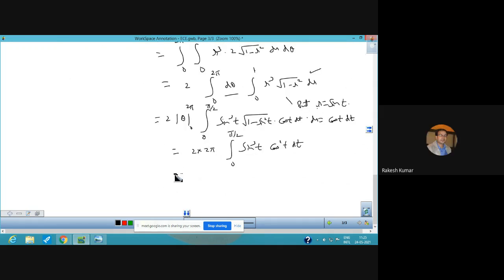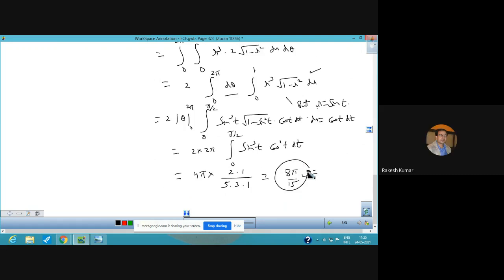Now you can use the reduction formula for this term. For the reduction formula, 3 minus 1 will be 2, and 2 minus 1 will be 1, upon 3 plus 2 is 5. So 5 into 3 into 1, and the sum of the powers will give you an odd value, so no need to multiply it with pi by 2. Ultimately that is 8 pi over 50.